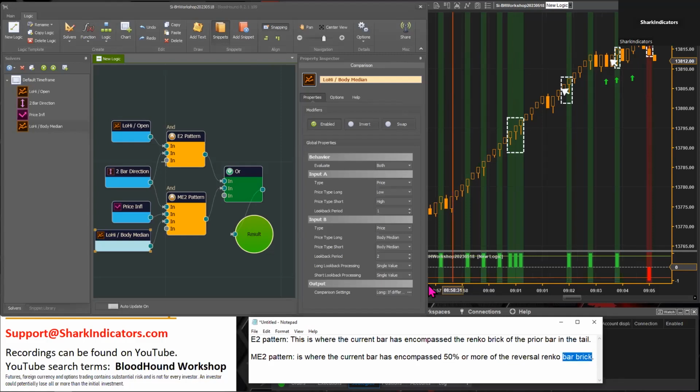We just happen to have a body median price there, which is what that 50% mark is of the body or the brick. That's the only reason why we were able to do this: BloodHound has this body median price point built into it.